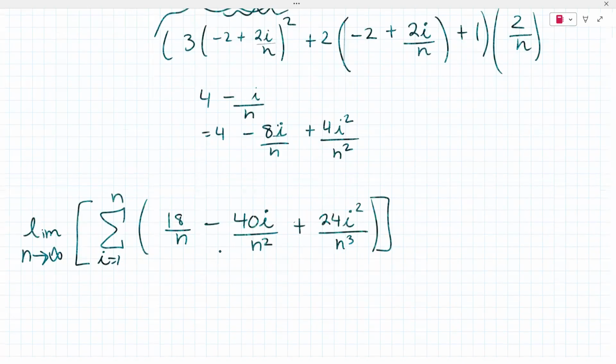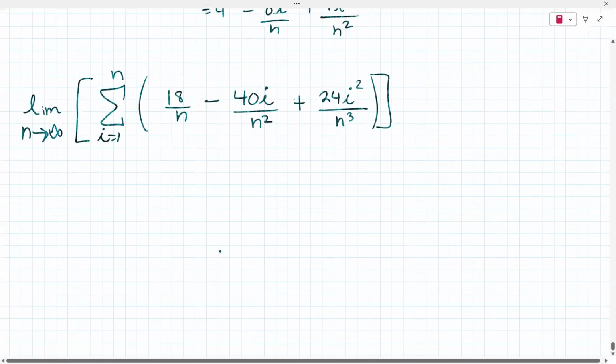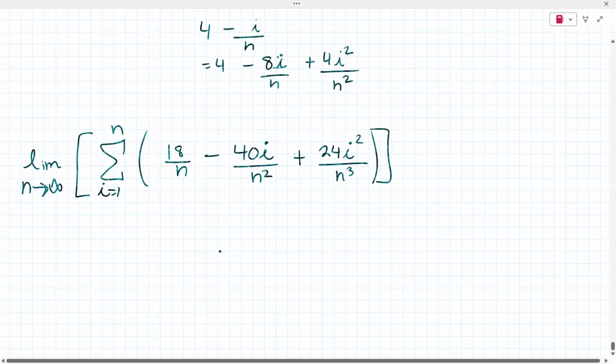Okay. So what are we going to do? We have three terms now. We can break it into three different summations.